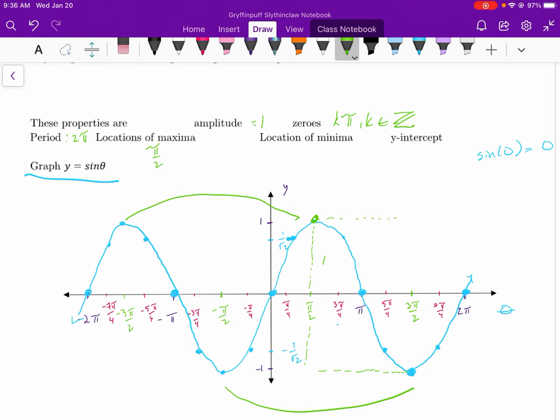The location of the maxima. Well, I know that one maximum occurs at pi over 2, correct? This point right here. And I know that there's only one maximum per period, per wavelength. How often does this graph repeat itself? Well, every 2 pi.